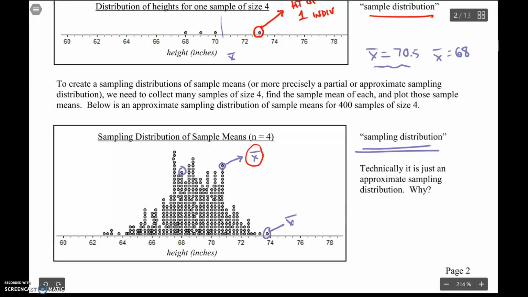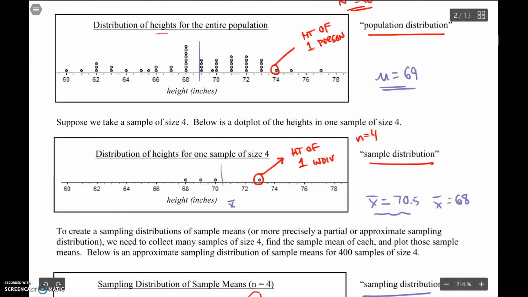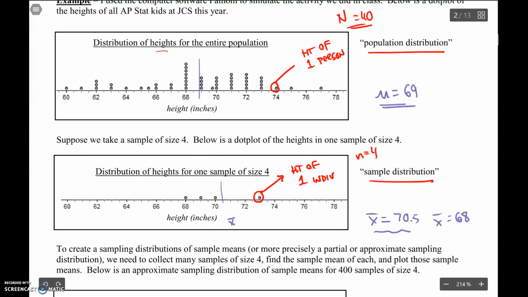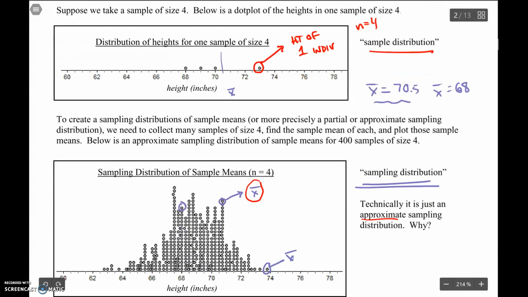Every point is that. Now, technically, it's just an approximate sampling distribution. The true, entire sampling distribution has to have the sample means of all possible samples of size 4. So if I have 40 different people in my population, to do the true sampling distribution, I'd actually have to collect every possible combination of 4 people from the population of 40.